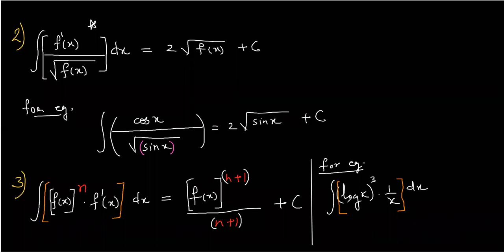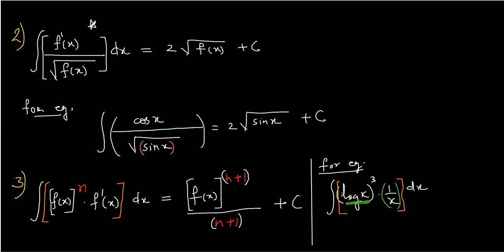So this becomes your f of x, and this is f dash x. Inside the bracket you have log x, which is f of x, and d by dx of log x is 1 upon x, f dash x.